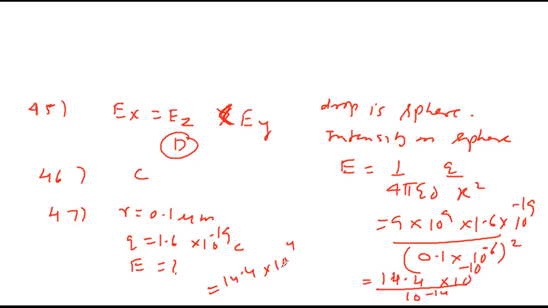Intensity of electric field, radius is 0.1 micrometer, charge is equal to that of electron, then intensity of electric field will be... Charged water drop whose radius is 0.1 is in equilibrium, if the charge on it is equal to electron. Okay, the question is wrong, electric field is not asked. If charge is in equilibrium, then what?